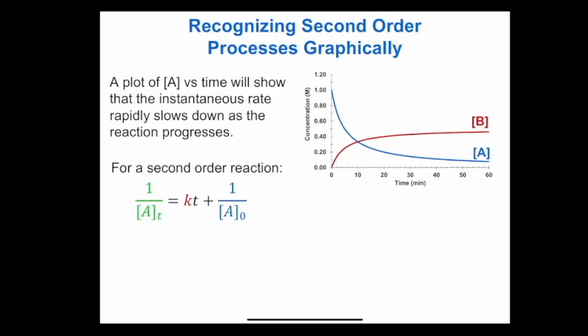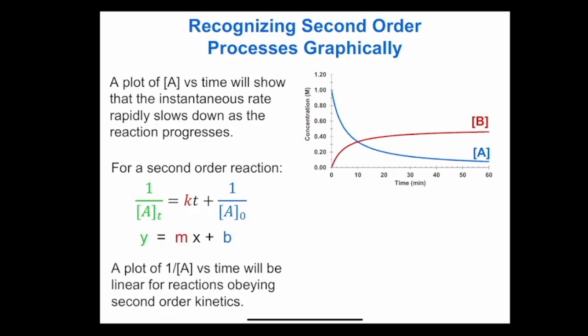Graphically, this is another point. We have a different form of the equation, which means I have a different y equals mx plus b. If I want to do a linear portion of this, my y value is now 1 over A, not the logarithm of A. My x is still time. So the y-axis has to change.